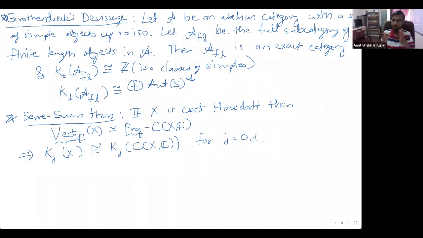So this is the beautiful connection between topological and algebraic K theory, which I'm sure you will see in detail later on. But this particular connection is quite important for us to understand something. So our next point is Stone-Weierstrass theorem. Can anybody remind me what it is?